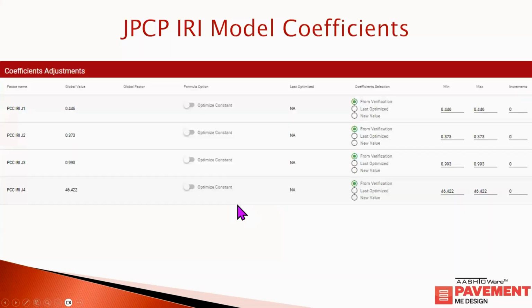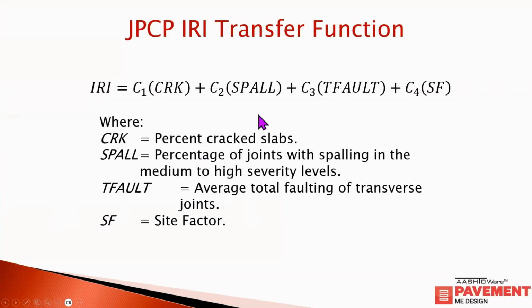For IRI, similar to the asphalt model, in this case, you have 4 coefficients. And the structure of the IRI models looks very similar to asphalt. So it's going to be a composite of the effect of the distresses and a site factor.